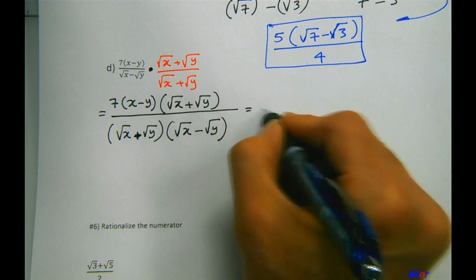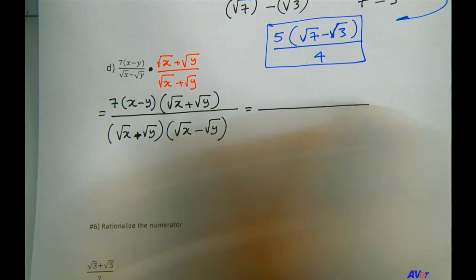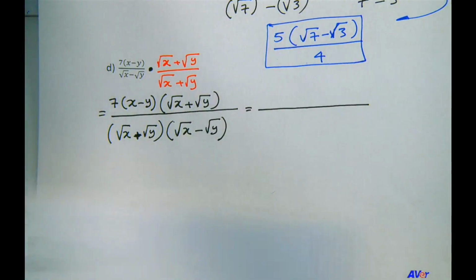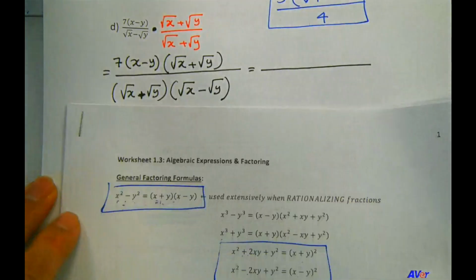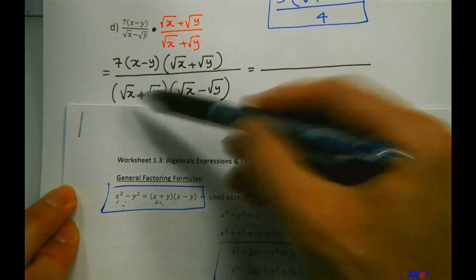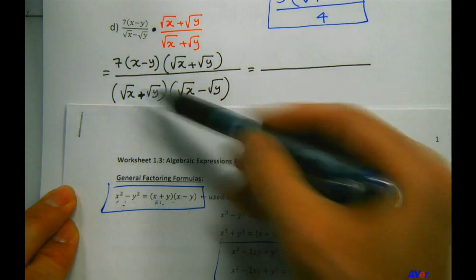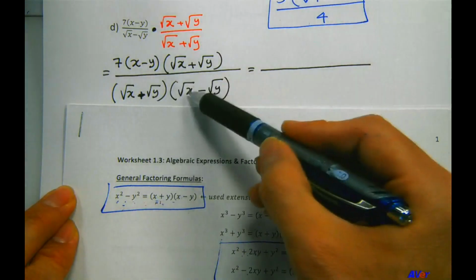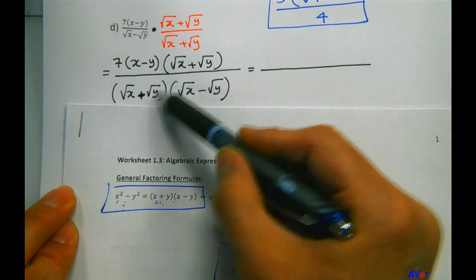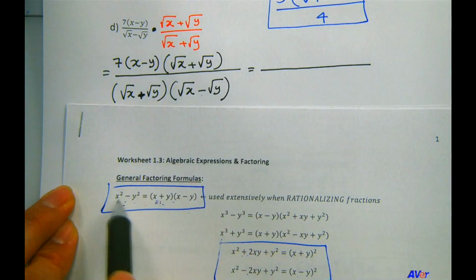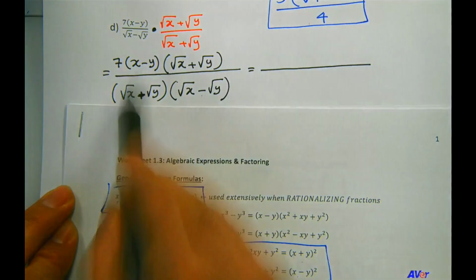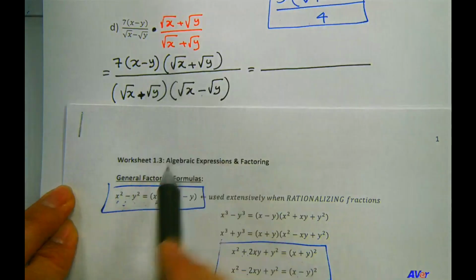So once again, compare that with this formula: something plus something times that same something minus that same something is equal to x squared minus y squared.